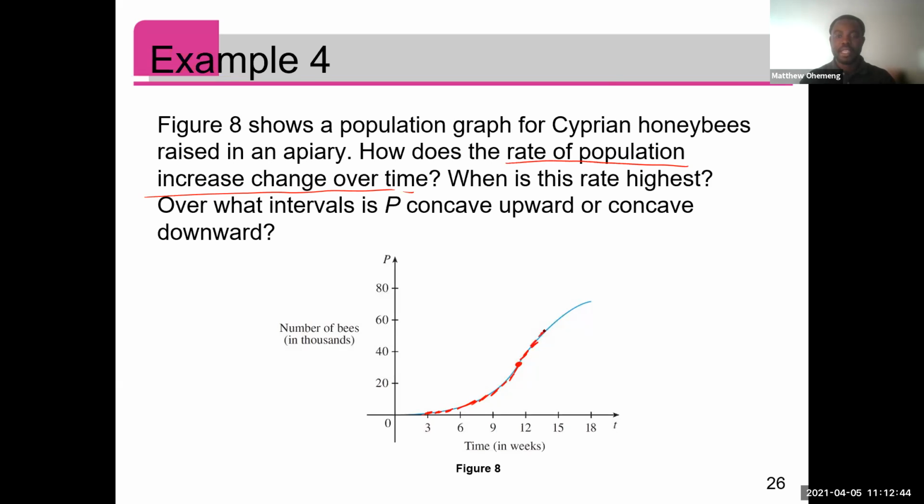So it becomes less and less steep, right? So the increase is not as quick or as sharp initially, right? It increases quite quickly. The rate increases until, I think, a point around 12 weeks. And then from 12 weeks, the rate begins to decline, right? So that is how the rate of the population increase changes over time, right?